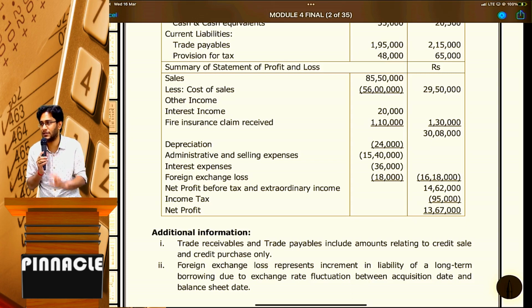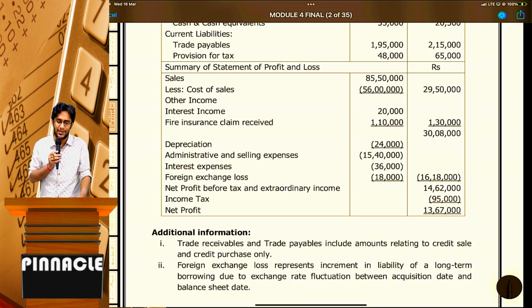This is definitely not financing also. But the operating activity definition, which we discussed yesterday, I told you, all principal revenue generating activities are operating activities. Any other activity which cannot be grouped under investing or financing must also be grouped under operating. So this 1,10,000 will come into cash flow from operating activities only.